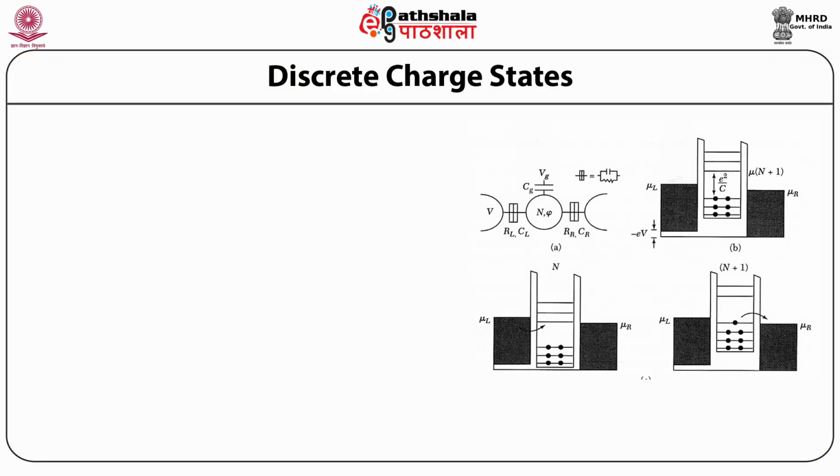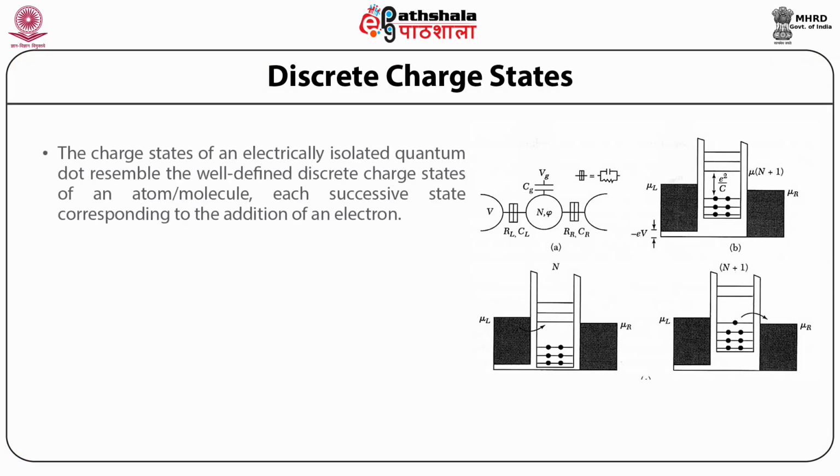Discrete charge states. The charge states of an electrically isolated quantum dot resemble the well-defined discrete charge states of an atom or molecule, each successive state corresponding to the addition of an electron.